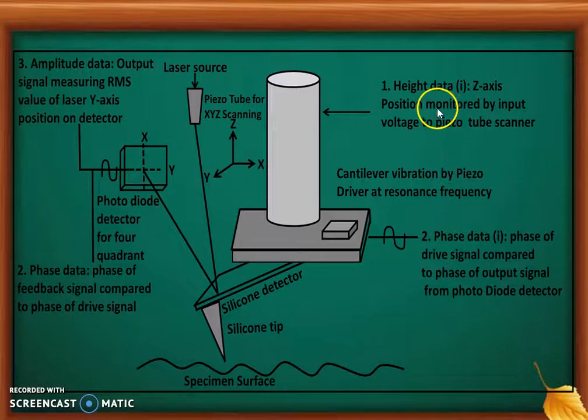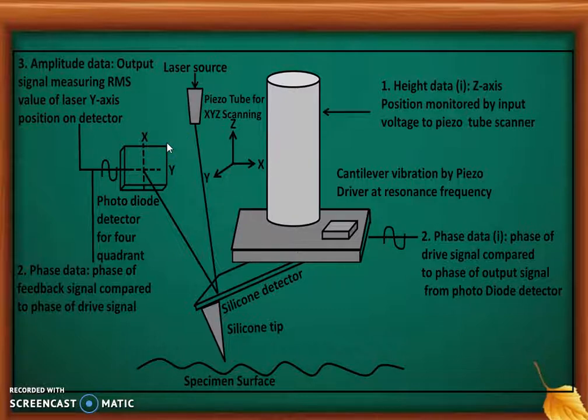The first movement comes in terms of height data. So the z-axis position is monitored by input voltage to the piezo tube scanner. Second is phase data. The phase of the derived signal is compared to the phase of the output signal from the photodiode detector, and in this way phase data are recorded and monitored. Third is amplitude data.